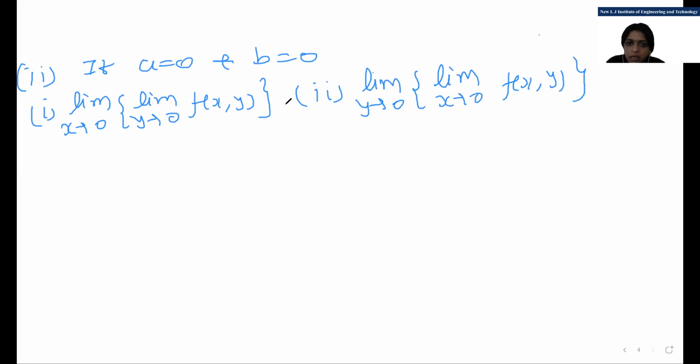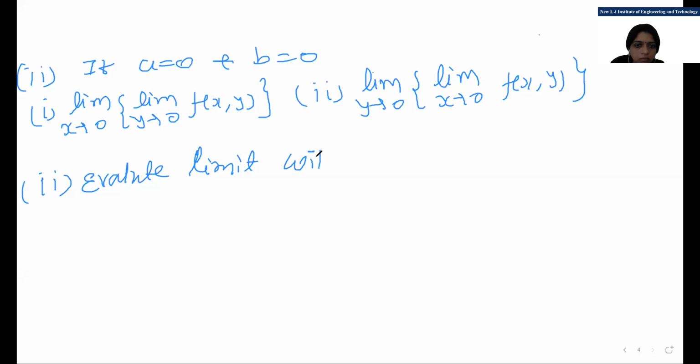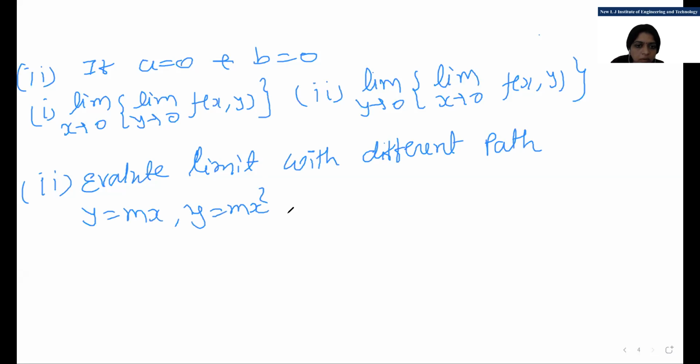Okay. Again, if both limits are equal, then there is another rule, that is we have to go for a different path. Evaluate the limit with different paths, and those paths are y equal to mx, y equal to mx square, up to y equal to mx raised to n.